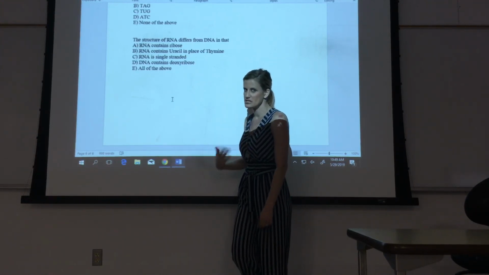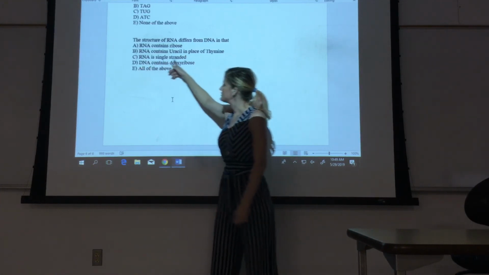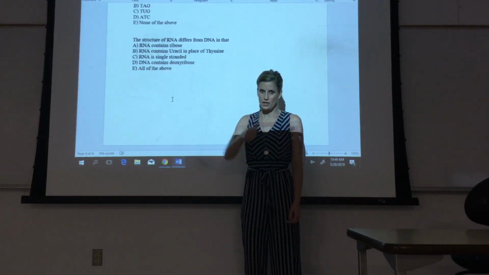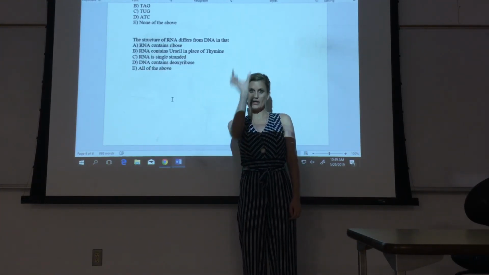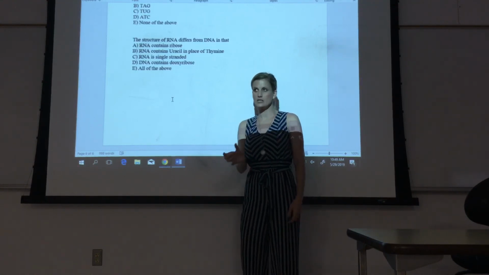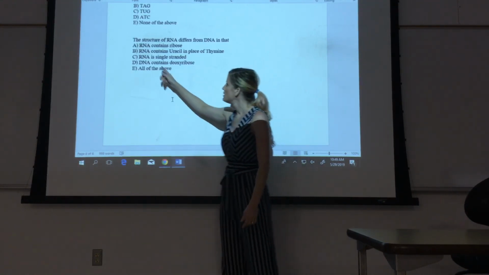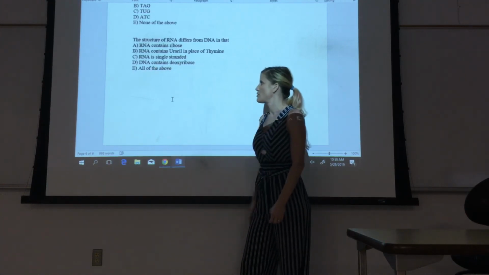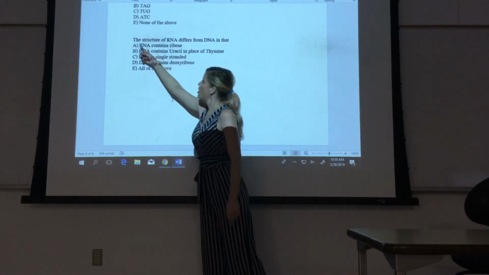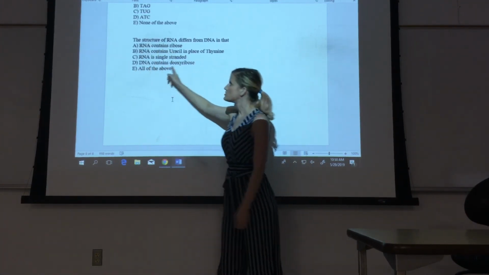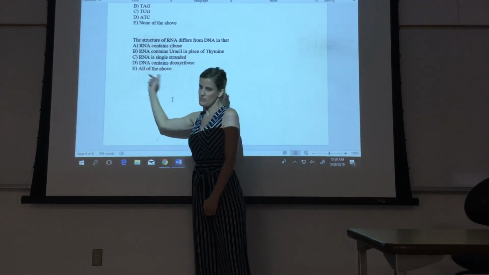RNA will have uracil instead. RNA is single-stranded? Yes. DNA has 2 strands, double helix, double-stranded. RNA just has 1 strand. DNA contains deoxyribose? Yes. R for ribose, D for deoxyribose. So all of the above are true.